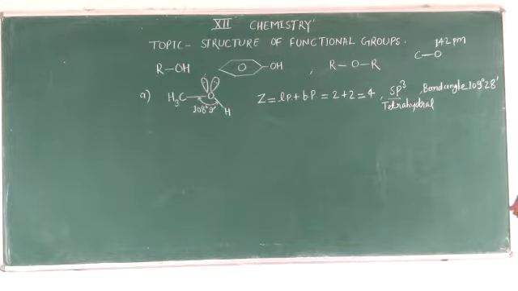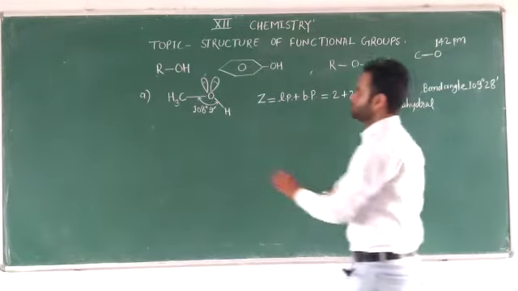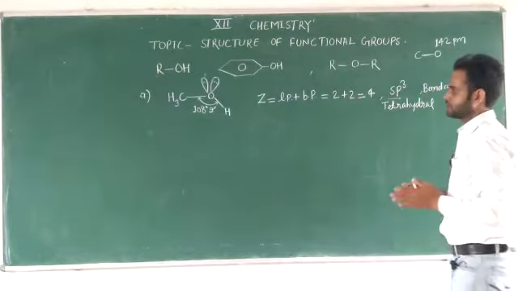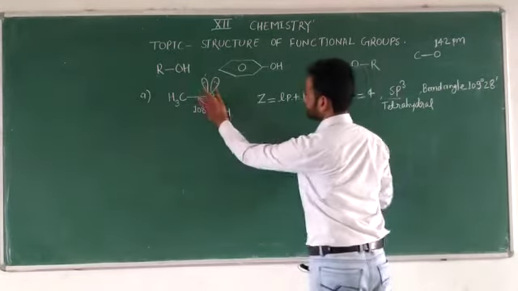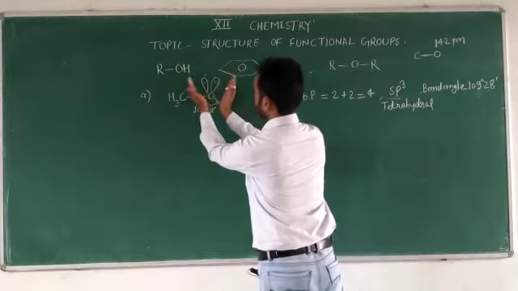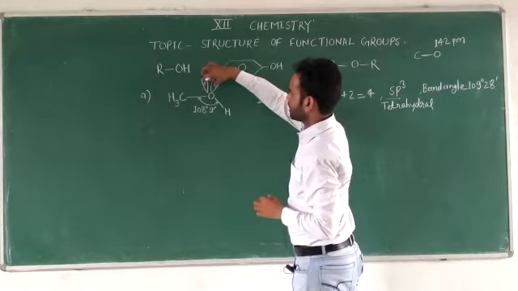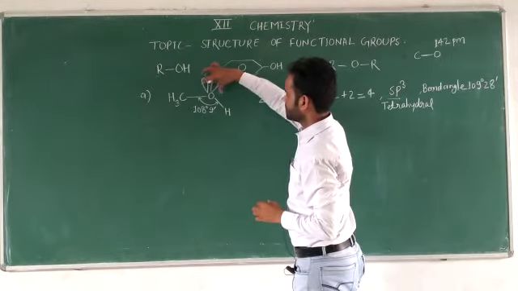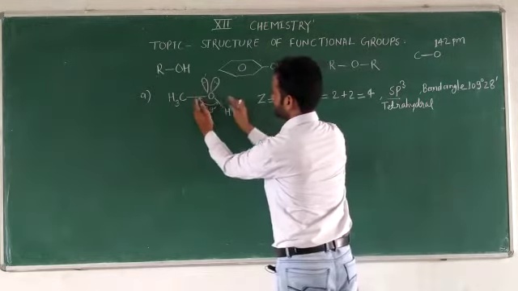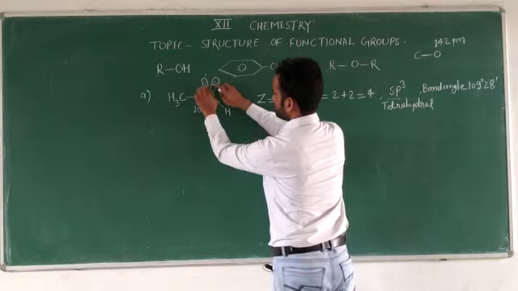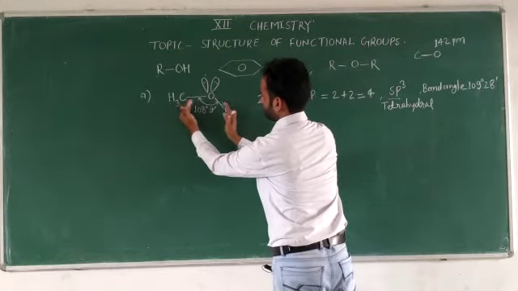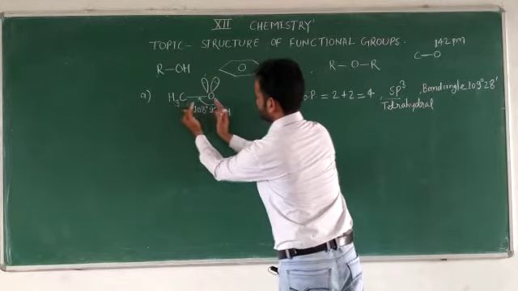What is the reason behind it? Because it has 2 lone pairs, and lone pairs have repulsion between each other. They will repel each other, so they will go far away from each other, and that will affect this bond angle, because if they go away, then this bond angle will go closer.